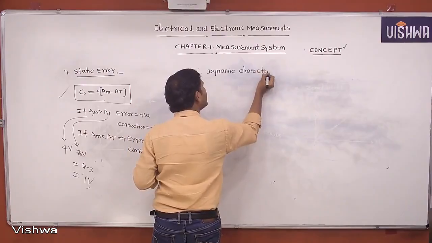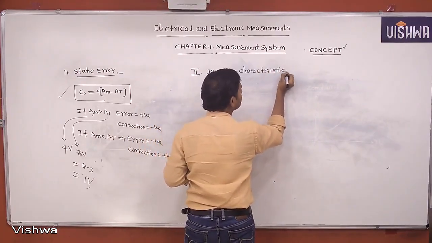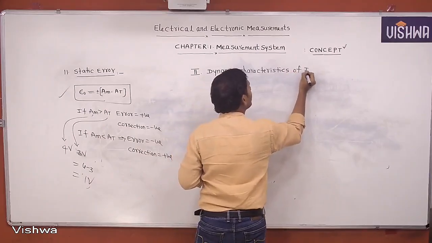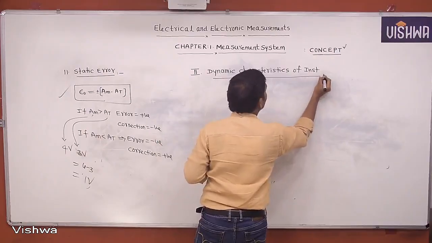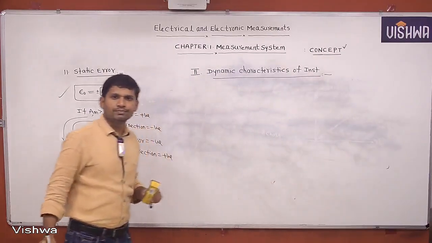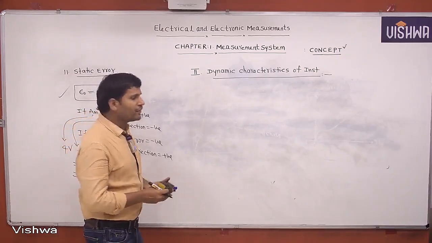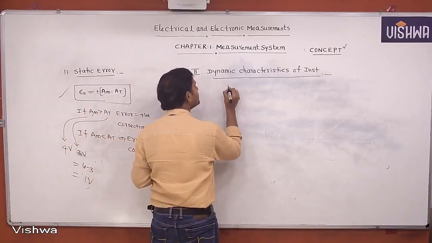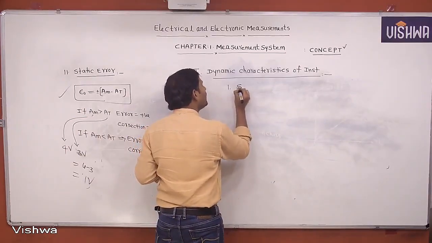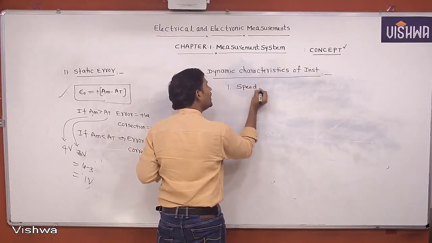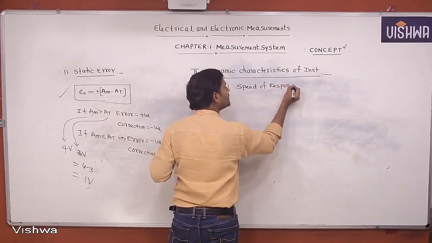These are the characteristics of an instrument under time variant condition, or under dynamic condition. Now, what are the different dynamic characteristics of an instrument? One is speed of response.